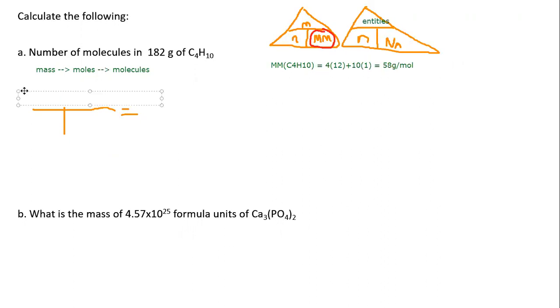So now we have 182 grams C4H10. We're going to divide by the molar mass to get the number of moles of butane.